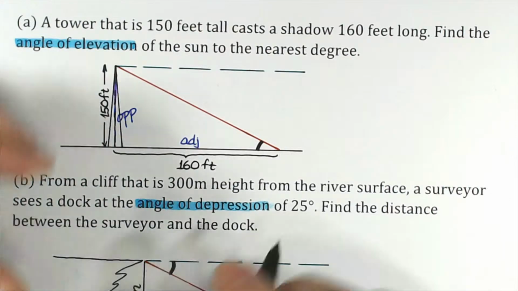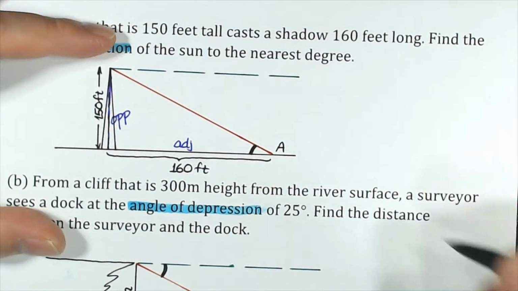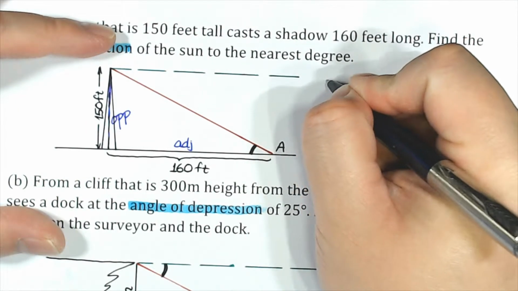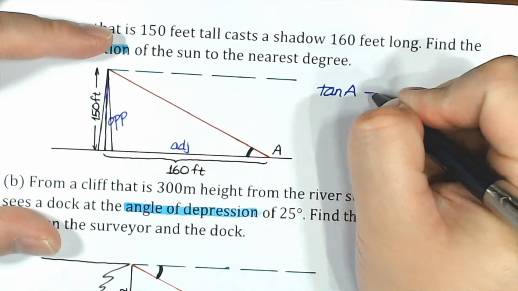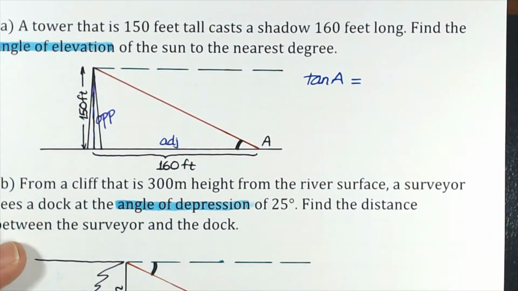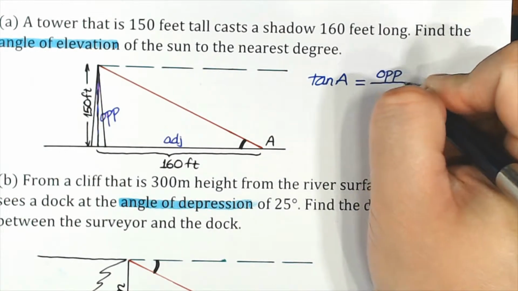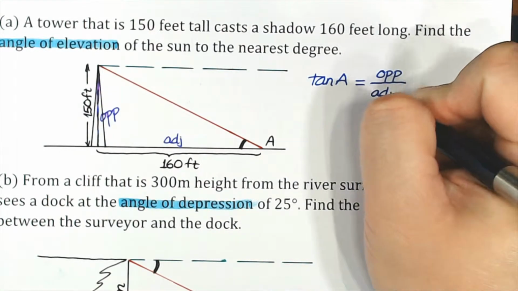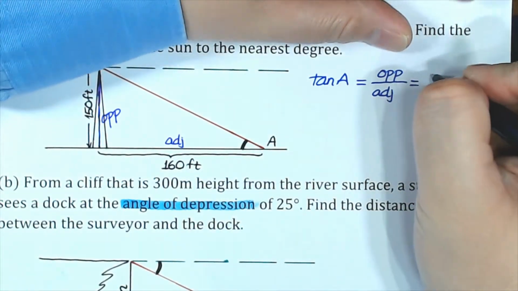So first let's let this angle be A. So we're going to have tangent of A is equal to, tangent is opposite over adjacent. Opposite is 150 feet.